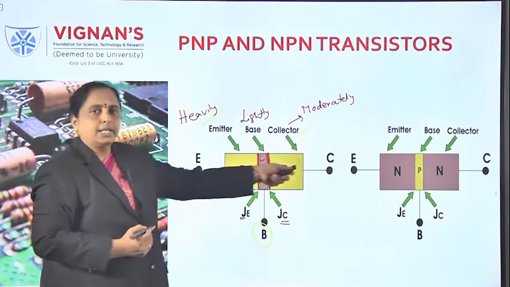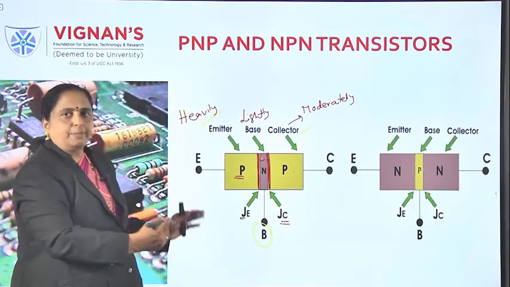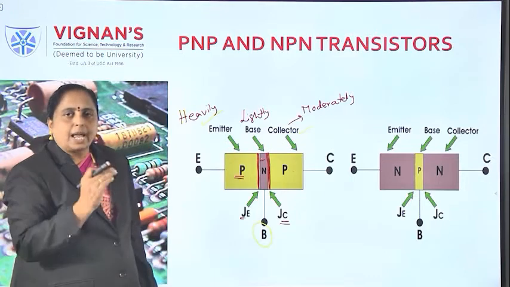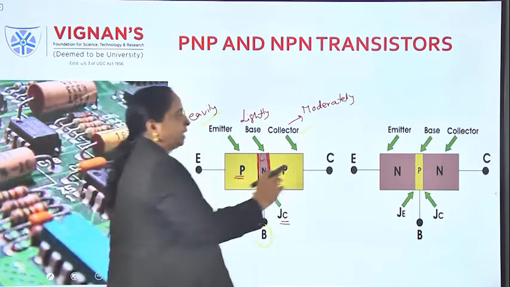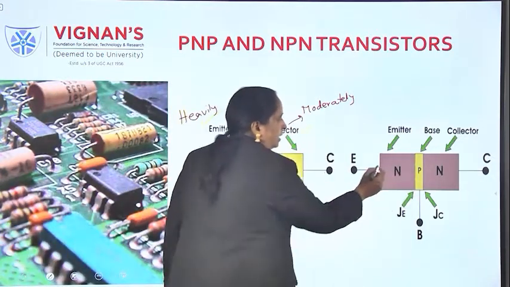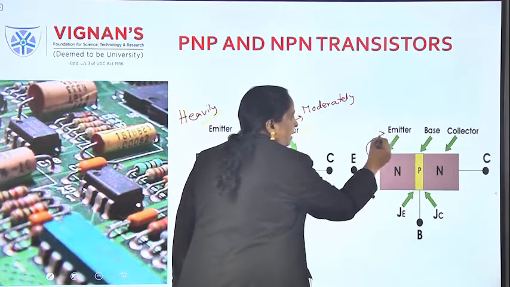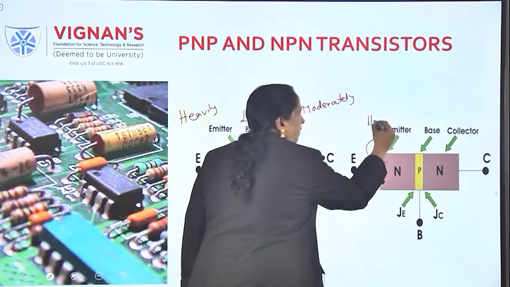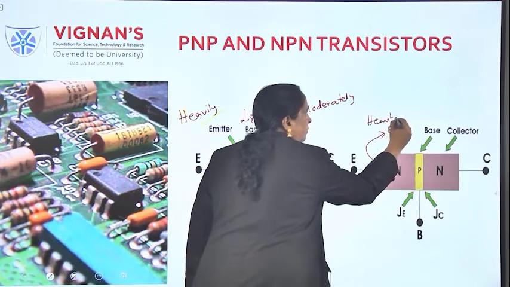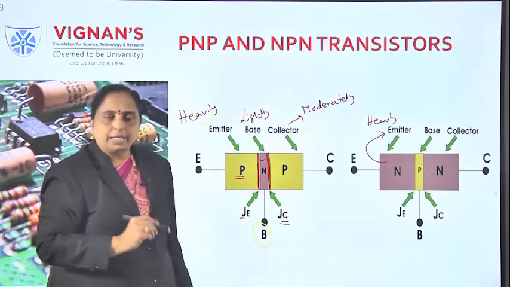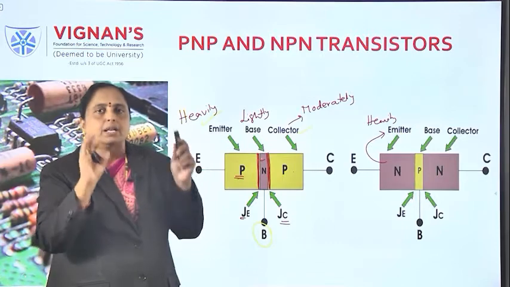Okay, now let us see the NPN transistor. Same type, just we are sandwiching the P material between two N materials. So this is known as the emitter terminal, where this is heavily doped. Whatever may be the material, the emitter must be heavily doped.